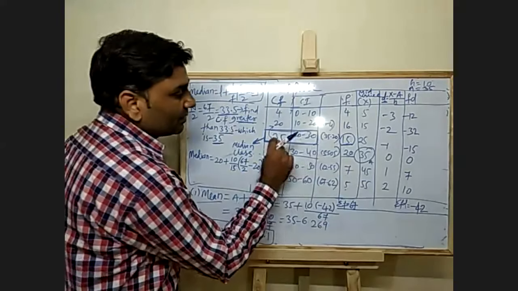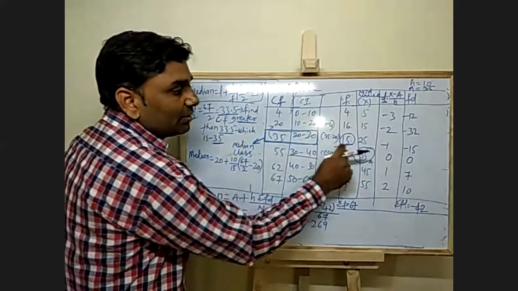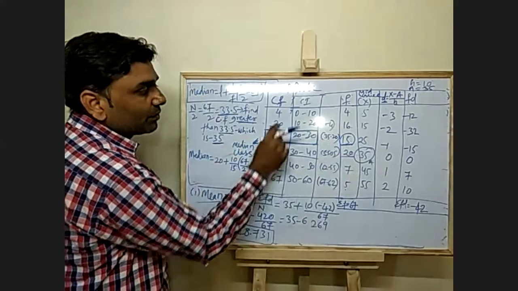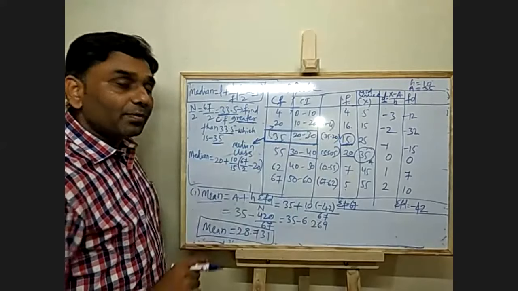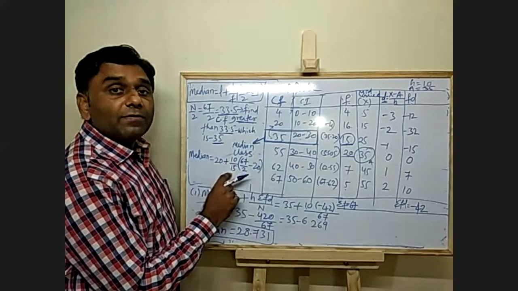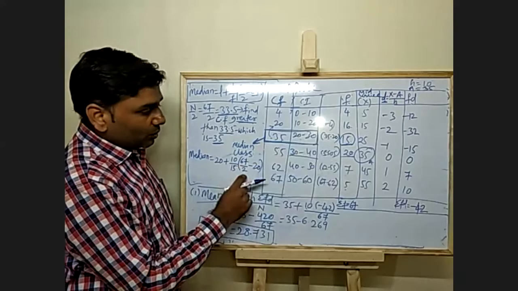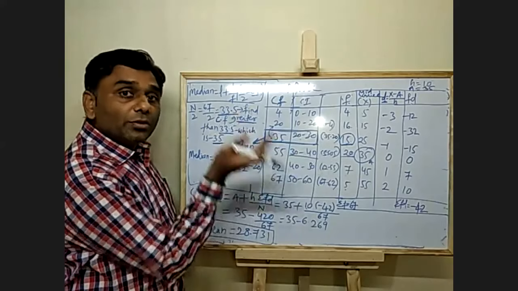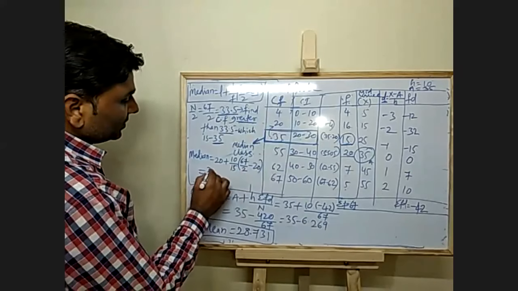So first find out the median class. In median class, you will get the frequency and cumulative frequency above median class. So here 20 plus, that is lower class limit, 10 is your magnitude, F is your median class frequency, N divided by 2 minus cumulative frequency above median class. Now you just solve this.